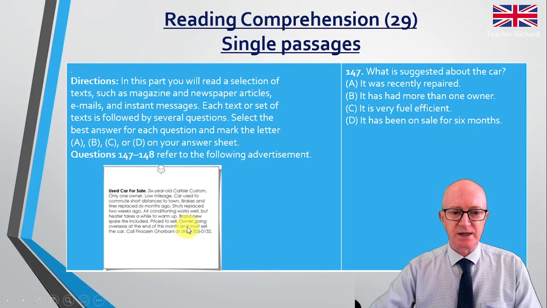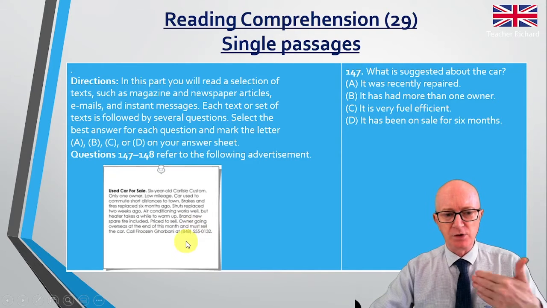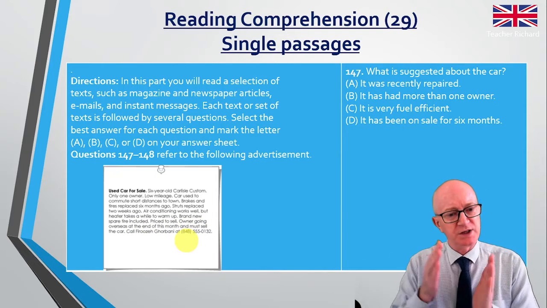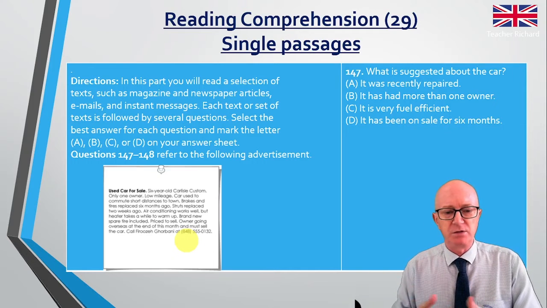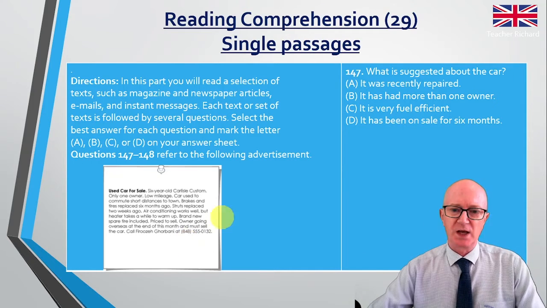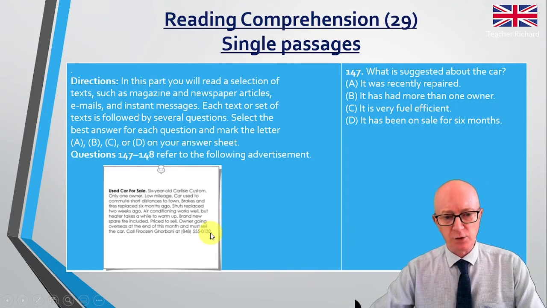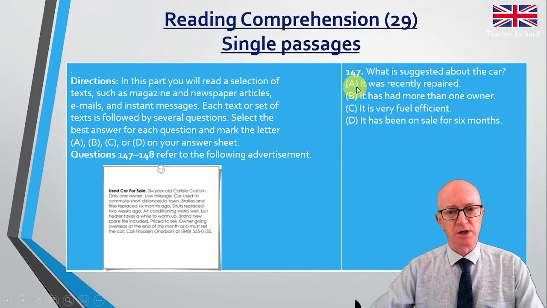All it says is owner going overseas at the end of this month and must sell. So we don't know the date of the advertisement, but we're probably talking about a couple of weeks, maybe between 1 and 4 weeks. It does not say that it's been on sale for 6 months. Therefore, we can conclude that A, it was recently repaired, is the only possible choice. A.